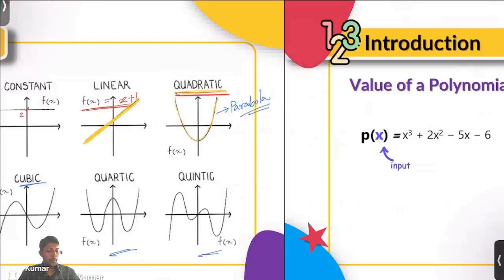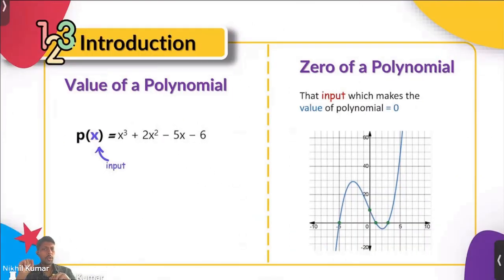Okay, moving on. Let's quickly revise what the value of a polynomial is. We have a polynomial here, x cube plus 2x square minus 5x minus 6. It's represented as p of x. X can be considered as an input. So if someone asks you, give me the value of p of 2, what would you do?